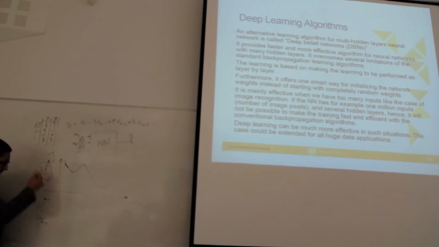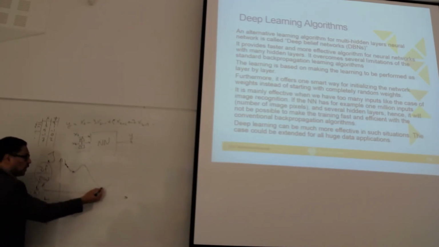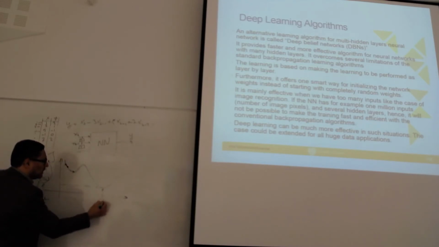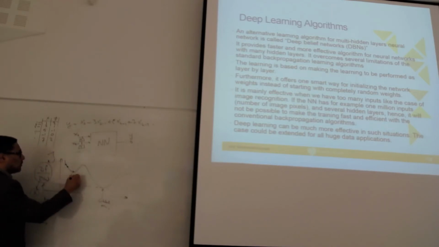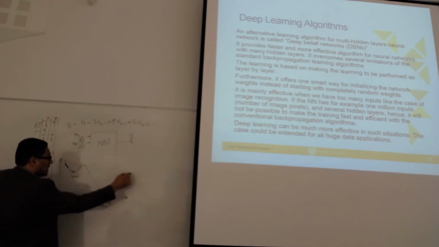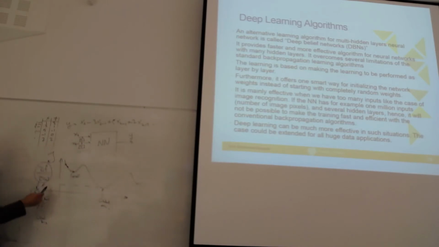As we explained here, the learning can be very, very slow when you are close to some stationary point. For example, if this is the global minimum, and this is one of the local minima, then if you are approaching some local minimum, you will be trapped here.